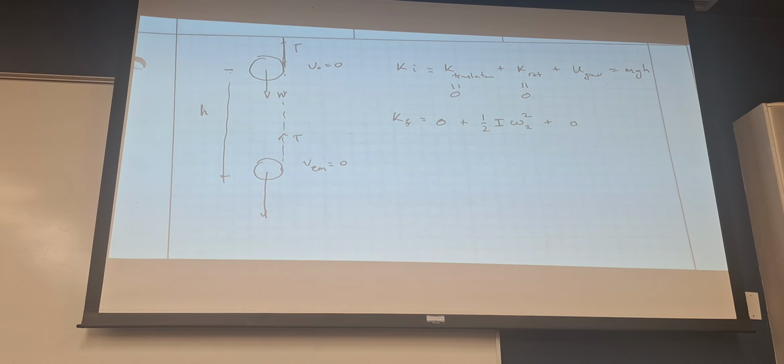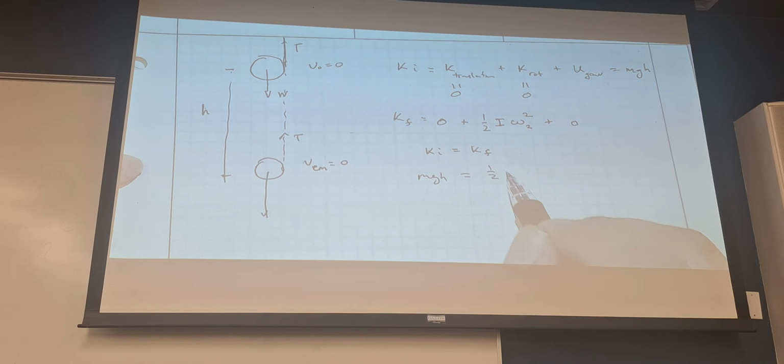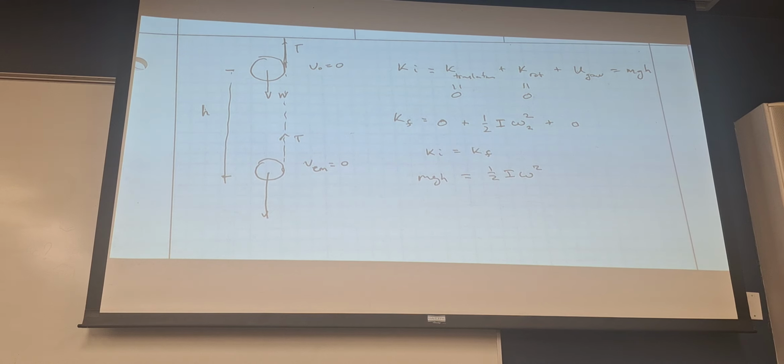Okay, and just based off this, we have mgh is equal to 1/2 I omega squared. And so the speed would be omega equals the square root of 2mgh over I.